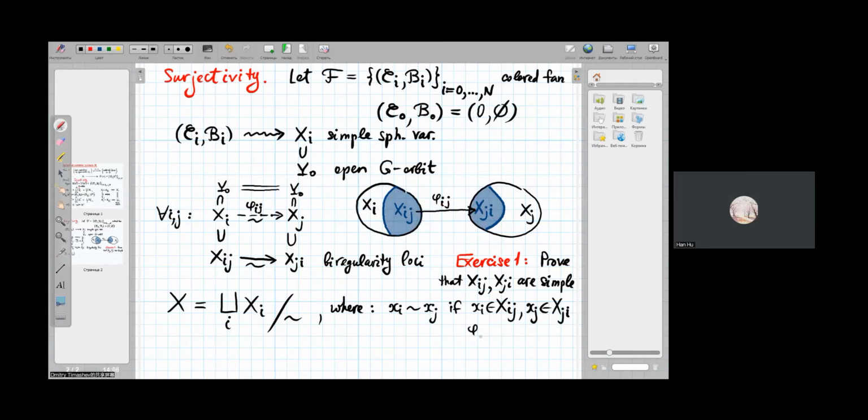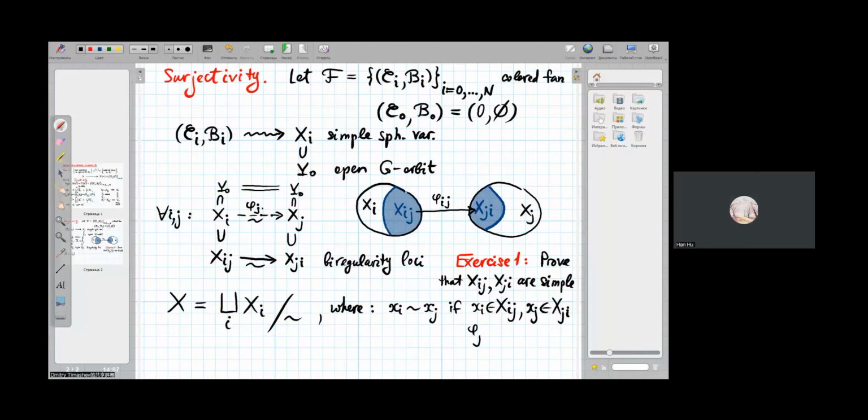So I don't like this notation. Maybe let me change the order of indices. So let me put here the map from Xi to Xj, let me denote it phi ji. I'm sorry for this confusion.